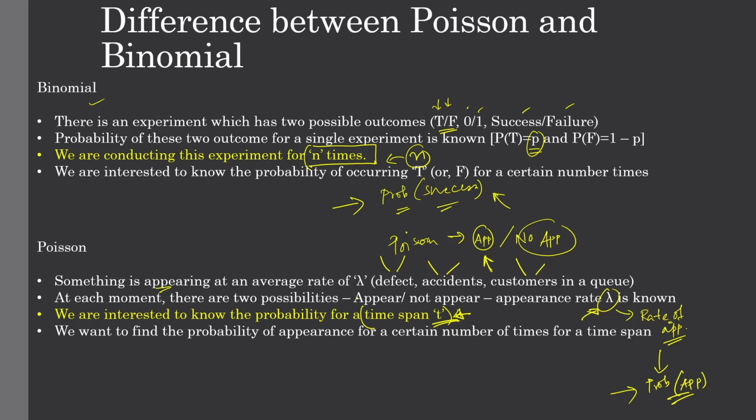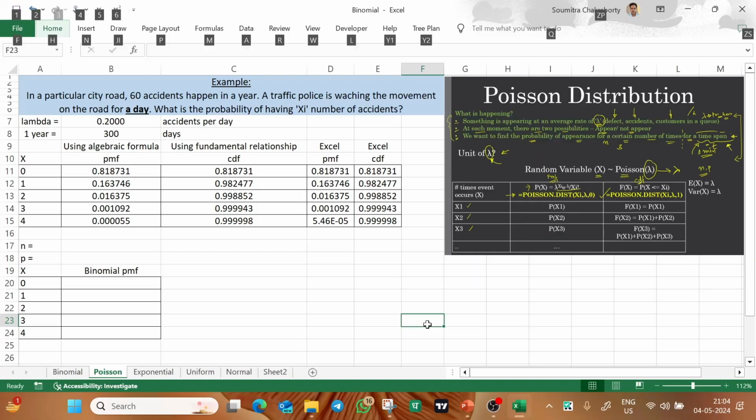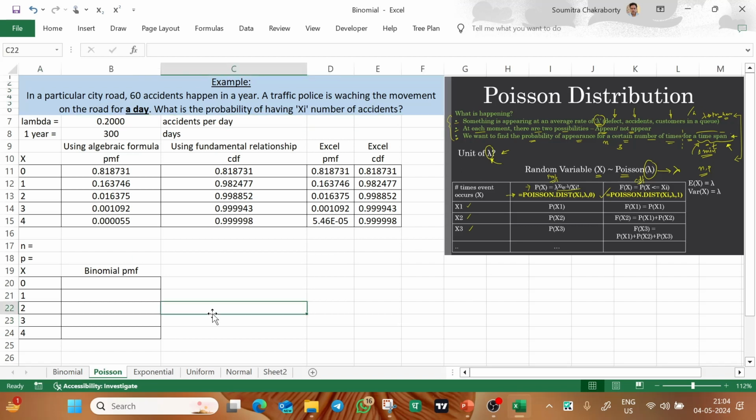So let us try to do that in Excel again. This is the same Excel sheet. We are trying to solve this problem using binomial.